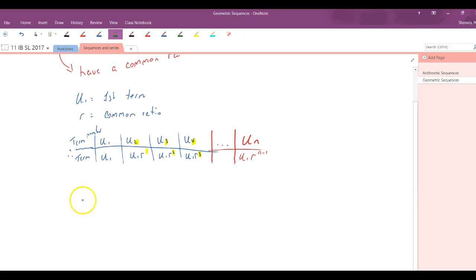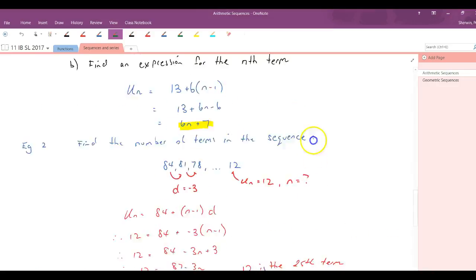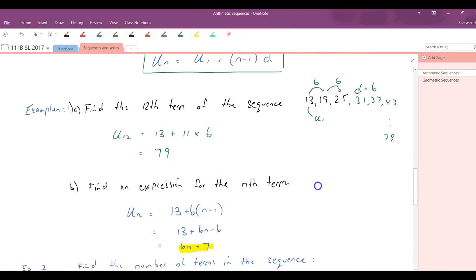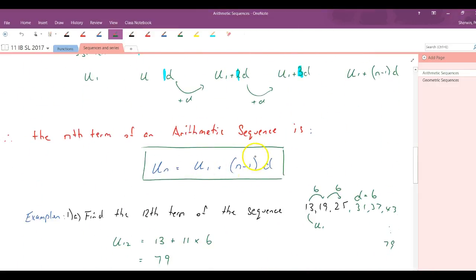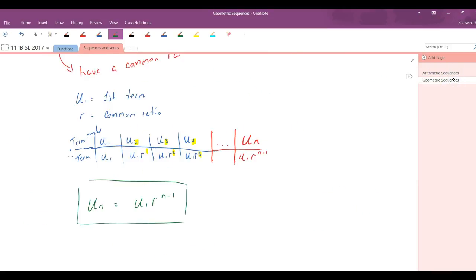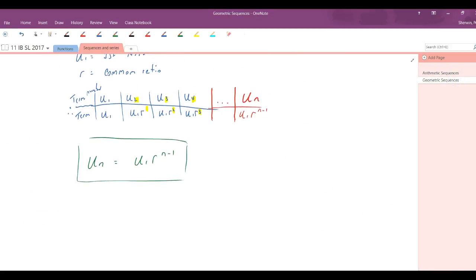For geometric, the nth term is equal to U1 R to the n minus 1. That goes with our arithmetic sequence rule, which was Un equals U1 plus n minus 1 times D. As I said before, these are all on your formula sheet when you get into an exam.